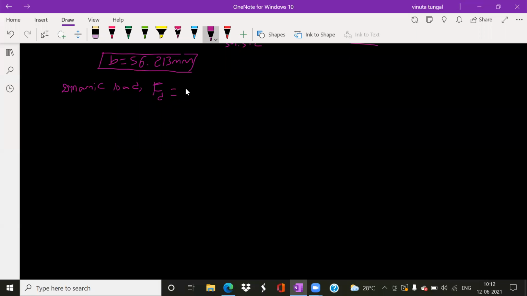FD is equal to, and this you have to take from equation 12.26a. All of you note down that dynamic load equation, 12.26.